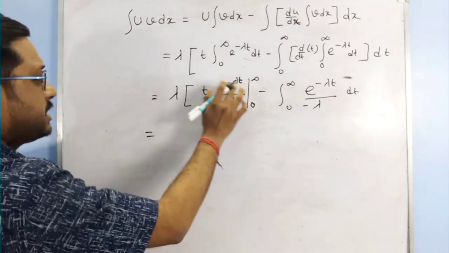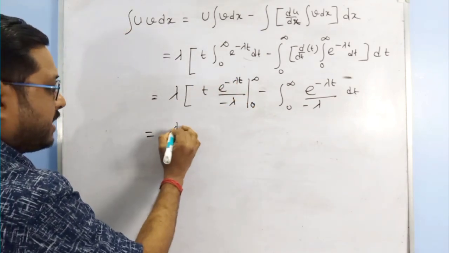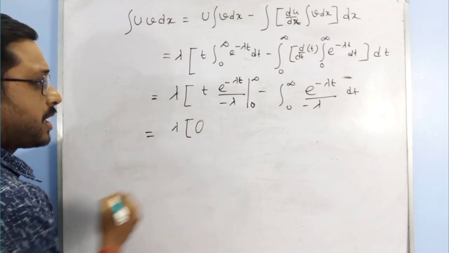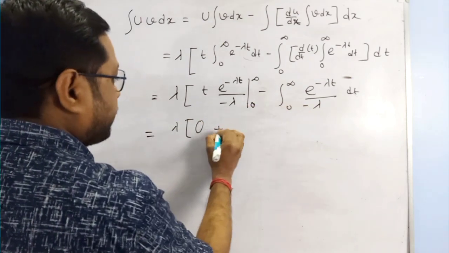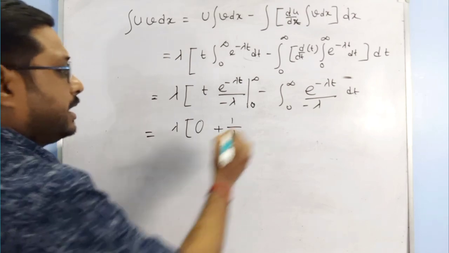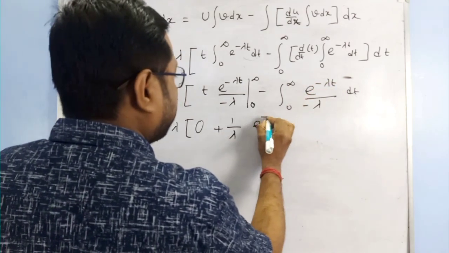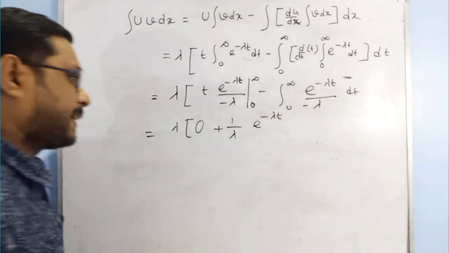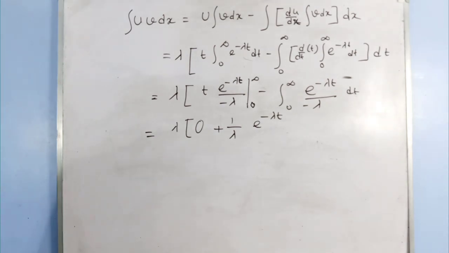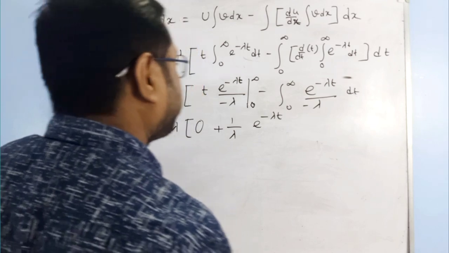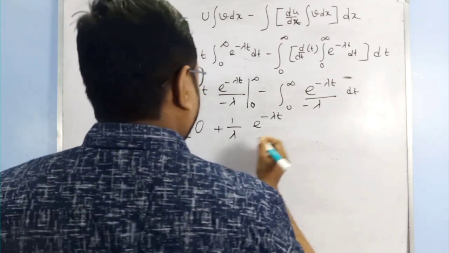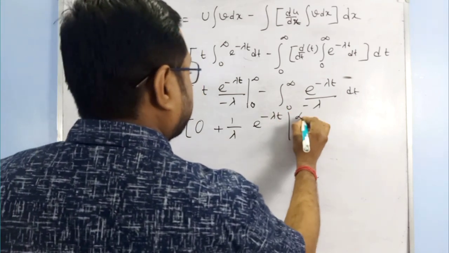So the first term is 0. So lambda times 0 minus minus plus 1 by lambda, and this is again e to the power minus lambda t, from 0 to infinity.